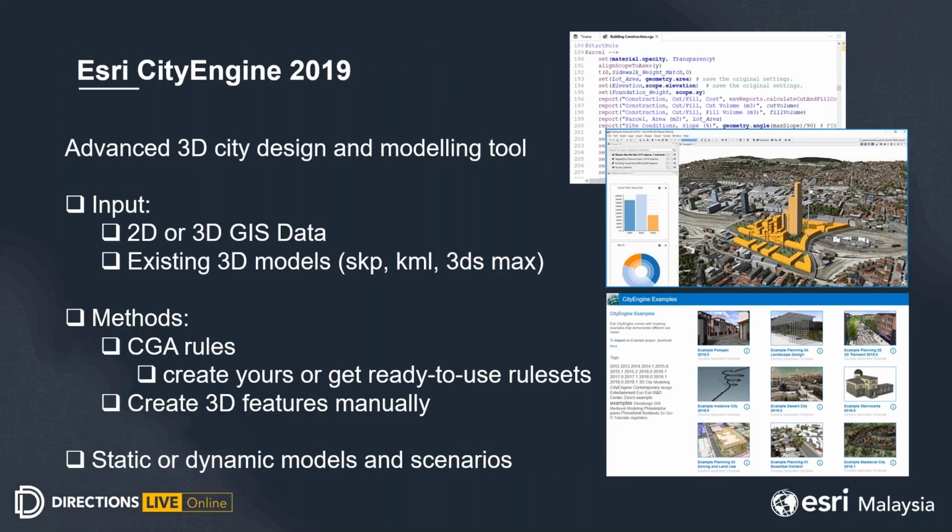And staying within the desktop side of the ArcGIS platform, there is another tool, which is called CityEngine. That is actually an advanced 3D design modeling tool, and quite often it's used in conjunction with ArcGIS Pro and ArcGIS Online.